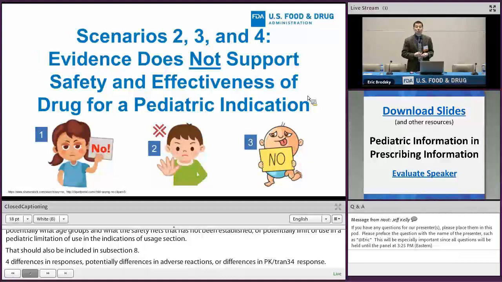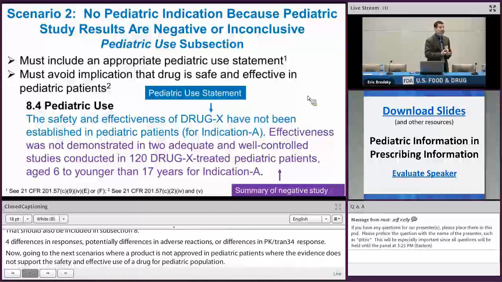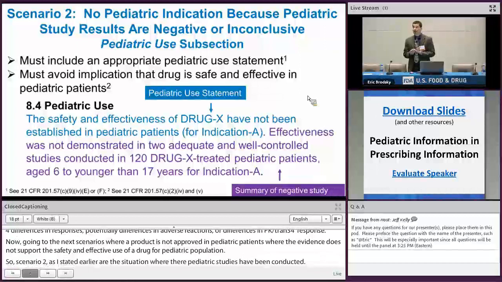So scenario 2, as I stated earlier, is the situation where pediatric studies have been conducted and the data is available, however the data is inconclusive, or the studies are negative, and as defined earlier, negative meaning that there's concerning data that the drug may not be safe or effective in pediatric patients.